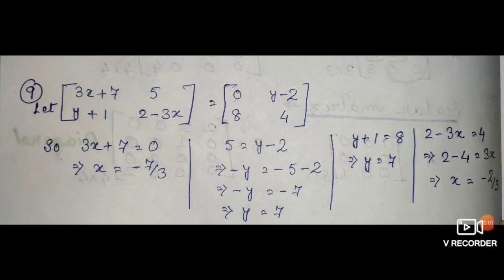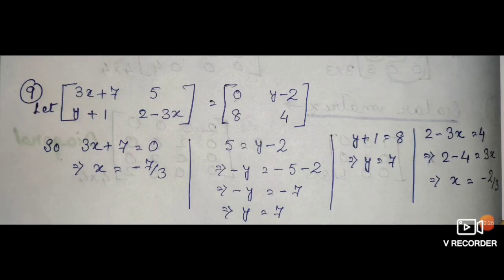So to find the values of x and y, let us assume that these 2 matrices are equal. So by equating the first element 3x plus 7 is equal to 0, from here we can find that x is equal to minus 7 by 3. From the next one 5 is equal to y minus 2. From here we can get y is equal to 7.